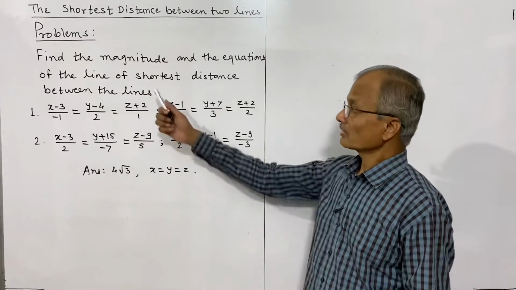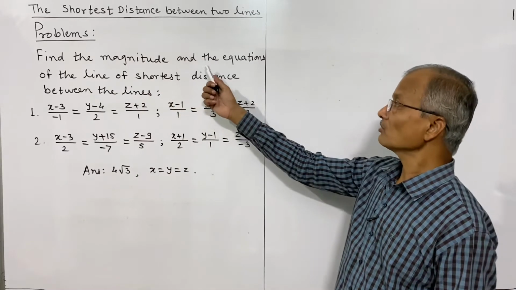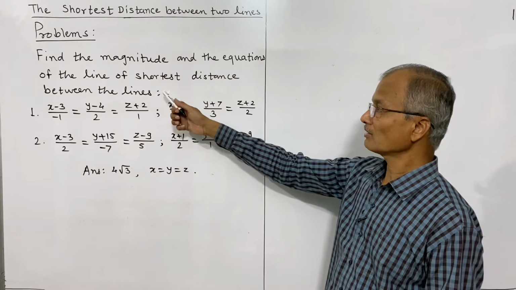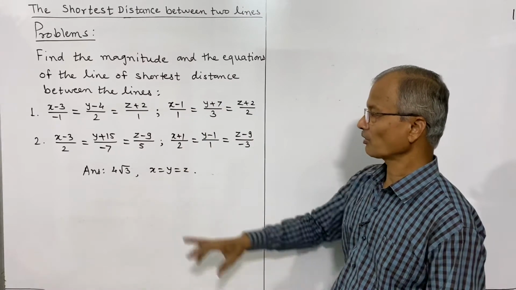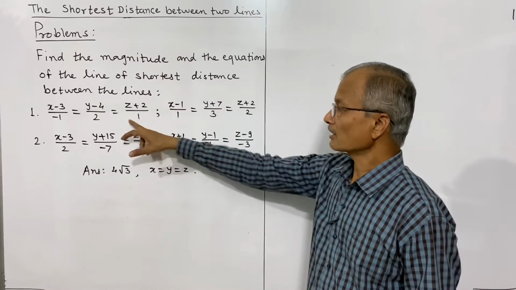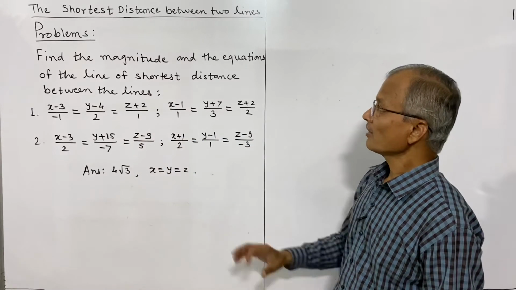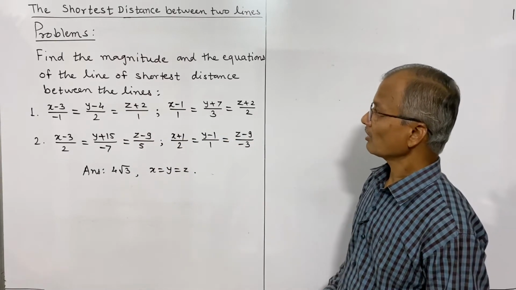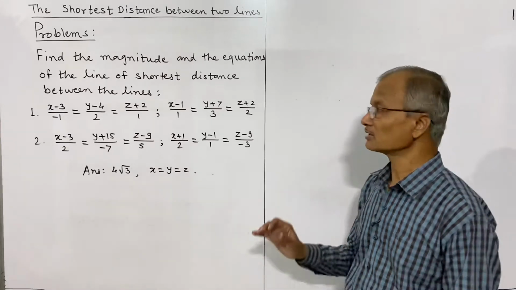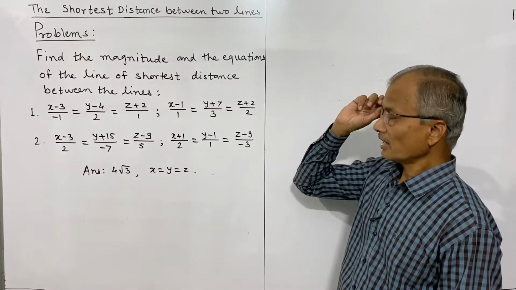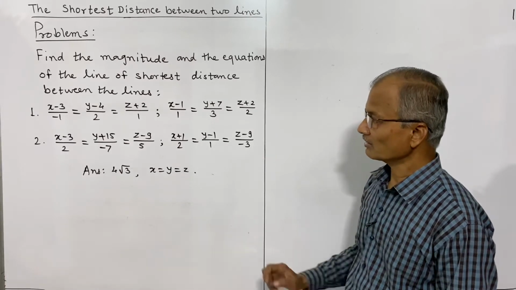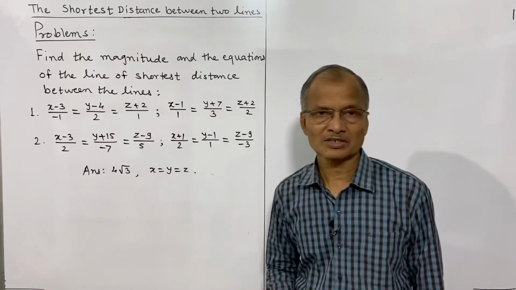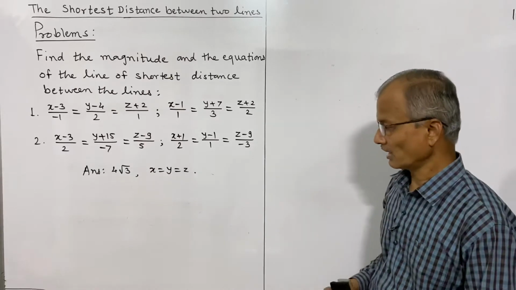The instruction is: find the magnitude and equations of the line of shortest distance between the two lines. There are these two problems. These are the two lines. We have to find the magnitude of the distance, meaning actually the distance, and the equation of the line of shortest distance. We have seen the line of shortest distance is perpendicular to both the lines.